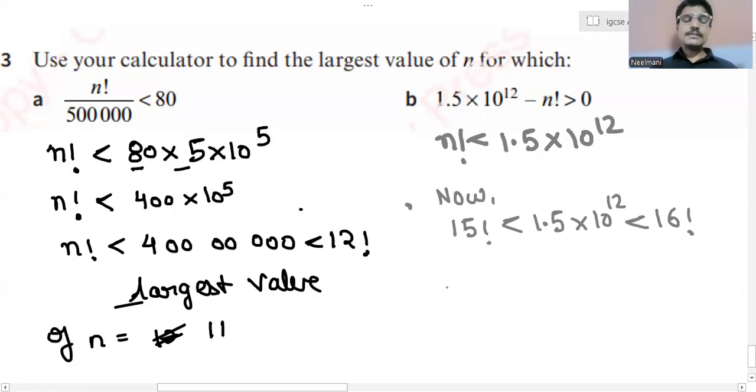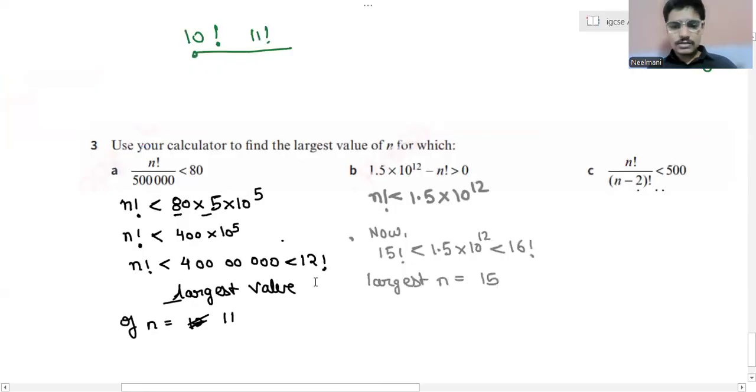So this number, 1.5 into 10 to the power 12, is lying between 15 factorial and 16 factorial. So what is the largest value of n? The largest value of n that we get here is 15. Okay, that is the largest value of n.